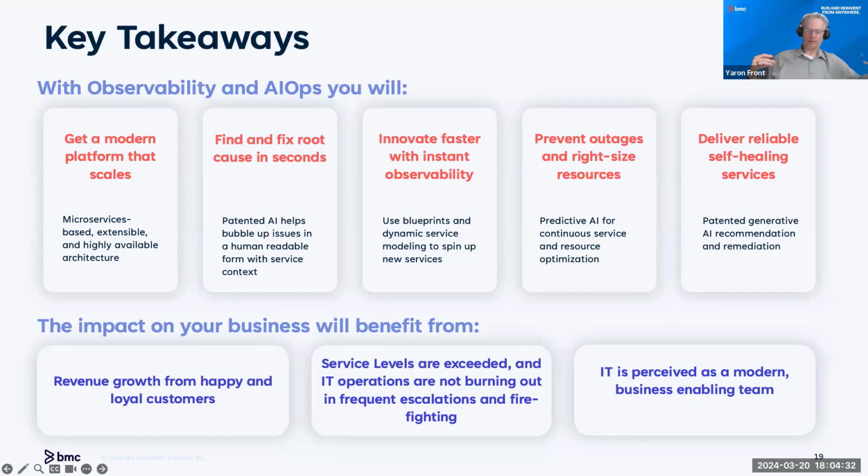You want to be able to deliver reliable self-healing services, so either services that heal themselves or that the operators at the operational level can go in and with a single click fix whatever problems they see.